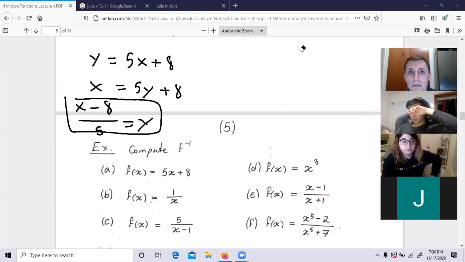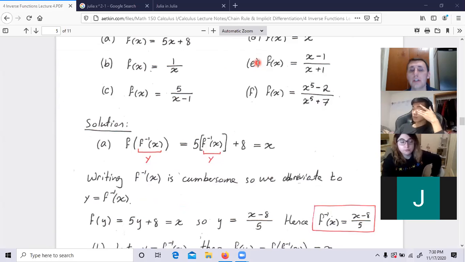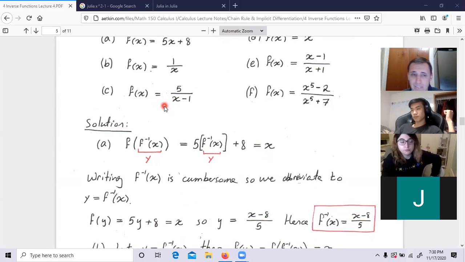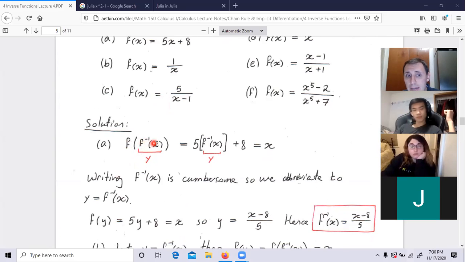All right, so why did swapping variables work? Here is the idea, okay? The swapping variables is just a technique, but what's conceptually happening here? It's just very uncomfortable to write f inverse of x. It's just a lot of symbols, so I just call it y, okay? Take f, and if you plug this expression, they cancel each other, so you should get x.